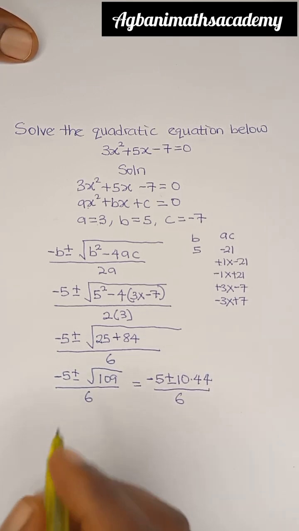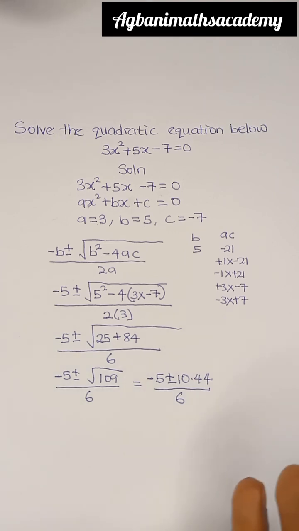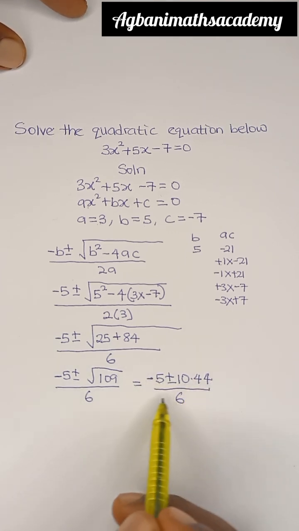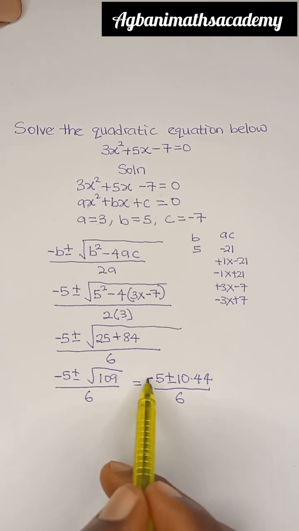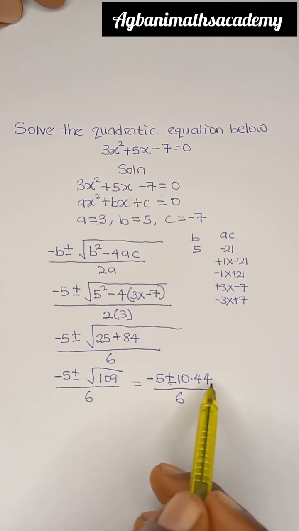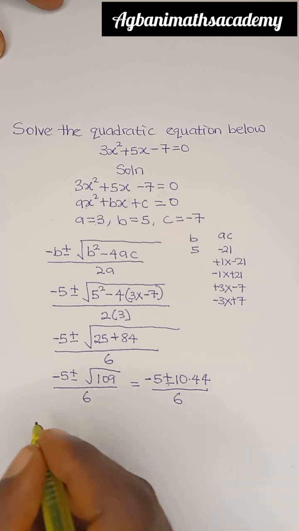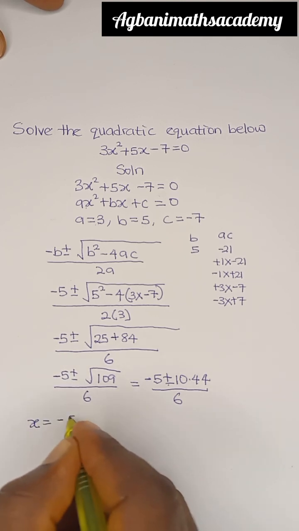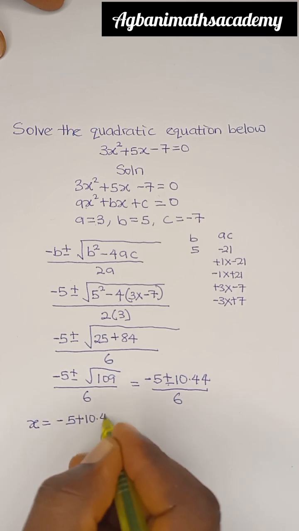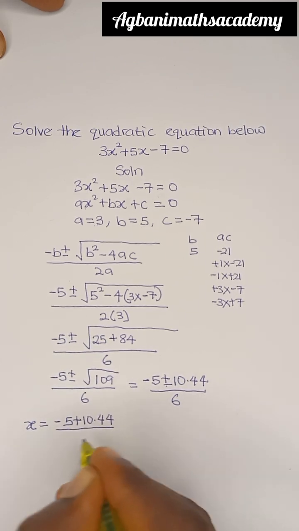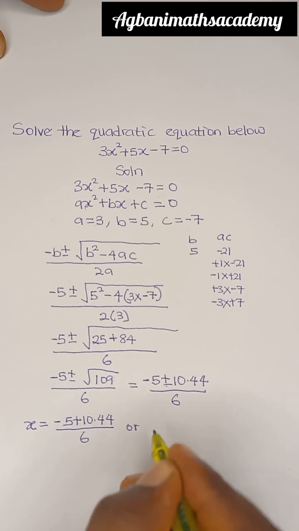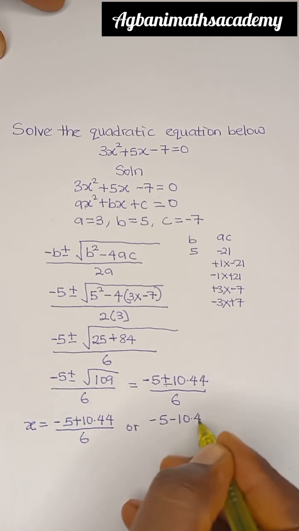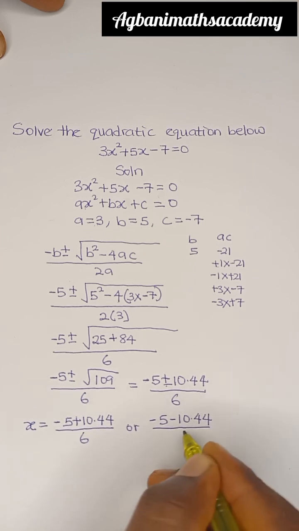So we are going to have two values for x. The first value is minus 5 plus 10.44 all over 6. And the second value is minus 5 minus 10.44 all over 6. So we have x is equal to minus 5 plus 10.44 all over 6, or minus 5 minus 10.44 all over 6.